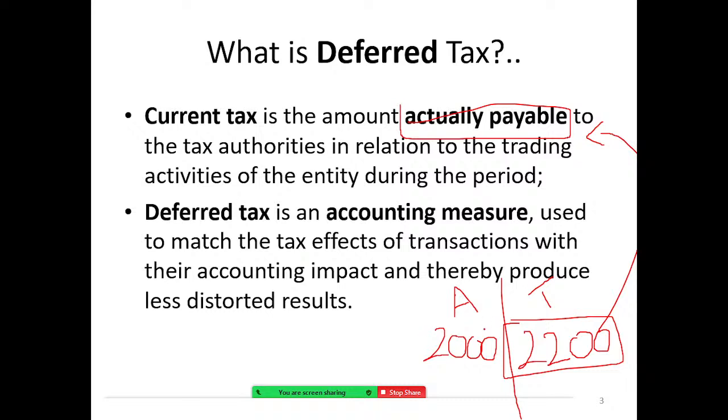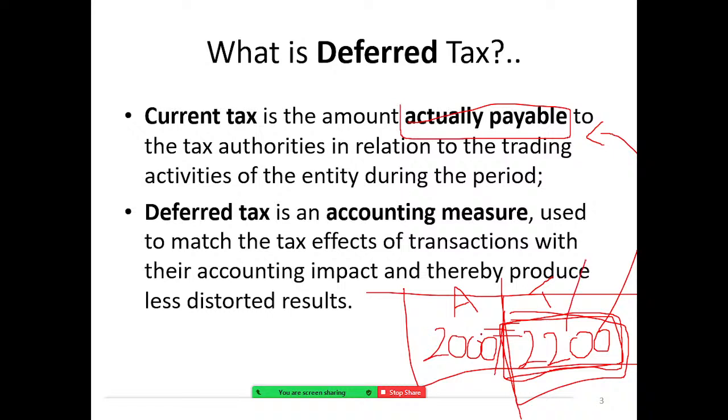Here you can observe an imbalance between the taxes calculated based on the accounting profit and the taxable profit. The accountant should resolve this imbalance. So how can he resolve it? The actual payment of tax is 2,200, but based on the accounting the tax is 2,000. So how much is the difference here?